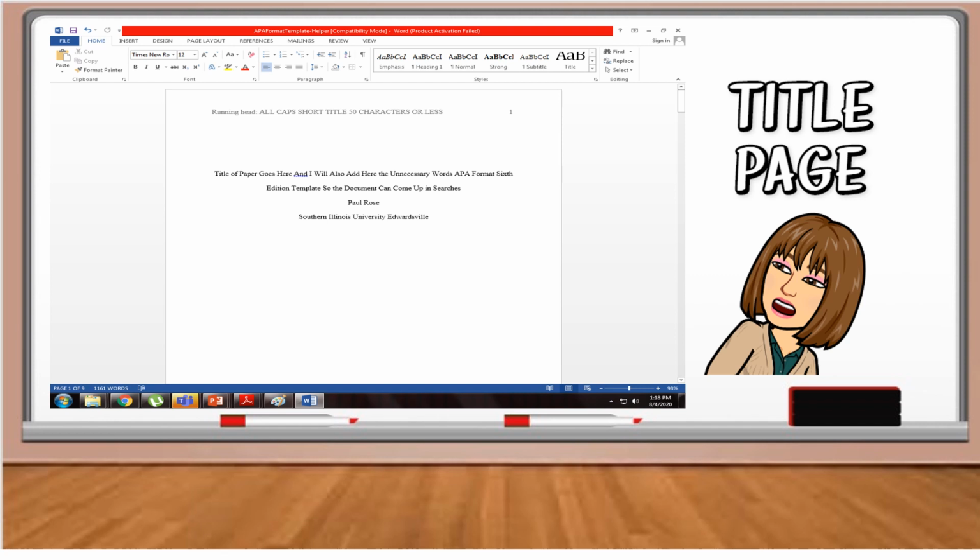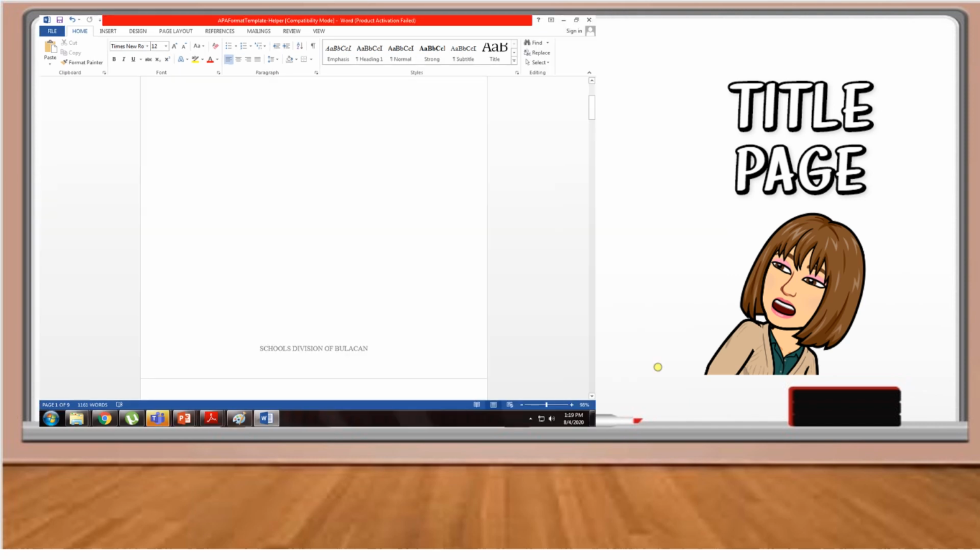Then at the center is your research title, the name of the researcher or researchers, and from where the researcher is affiliated. For the footer, for your title page, kindly include the name of your school's division. For example, Schools Division of Bulacan.